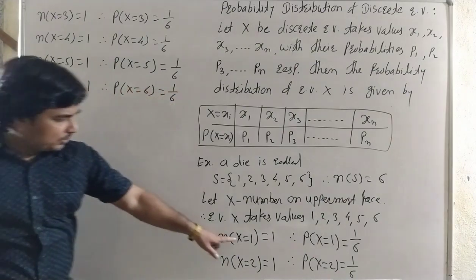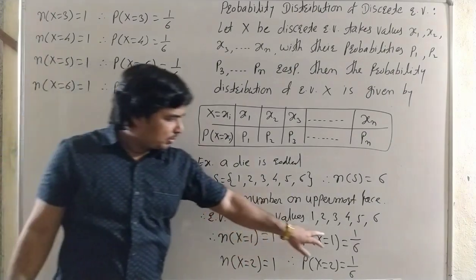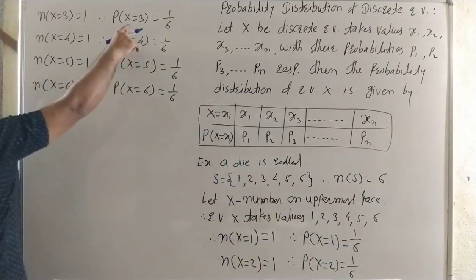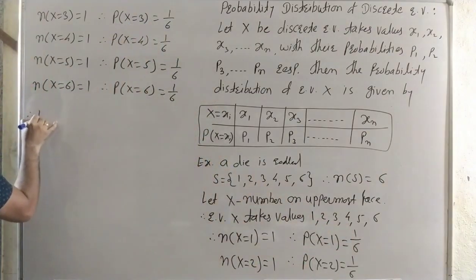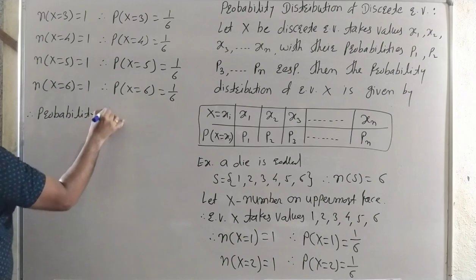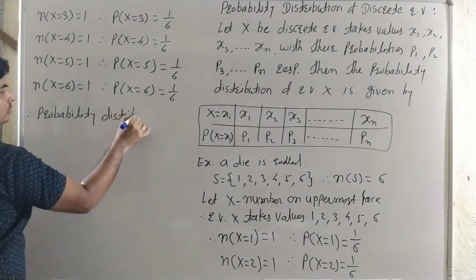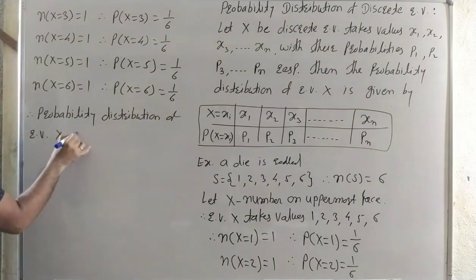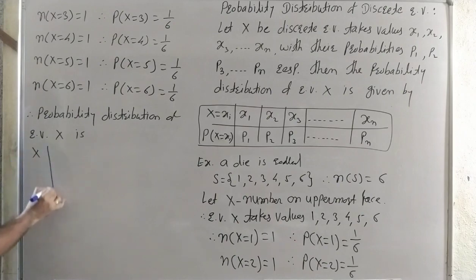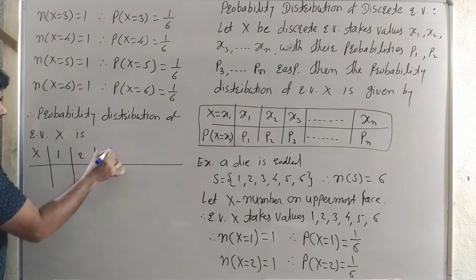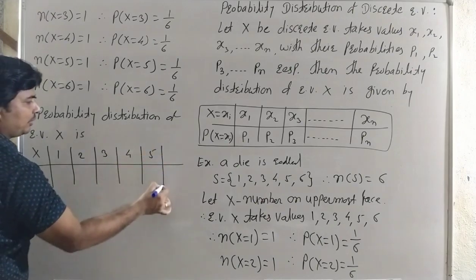Here these are the random variable values 1, 2, 3, 4, 5, 6. The probability of random variable 1 is 1 by 6, of random variable 2 is 1 by 6, of random variable 3 is 1 by 6. Therefore the probability distribution of random variable x: x takes 6 values, x1, x2, x3, x4, x5 and x6, that is 1, 2, 3, 4, 5 and 6.